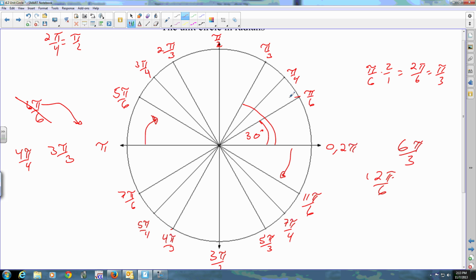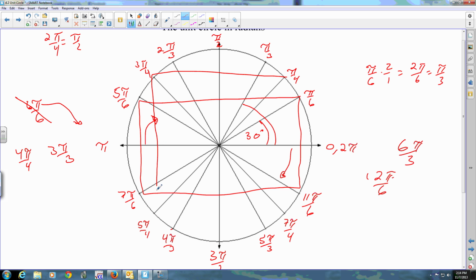Notice that everything on these boxes, if you go with these diagonals around, all the denominators are the same. All of these denominators are the same.